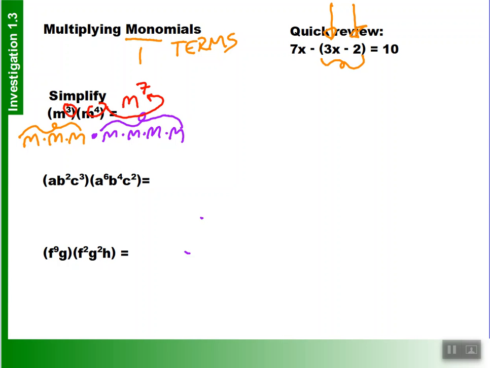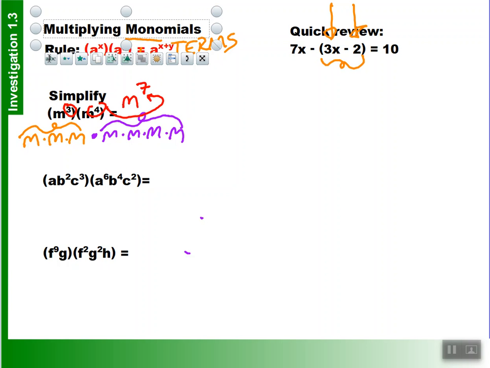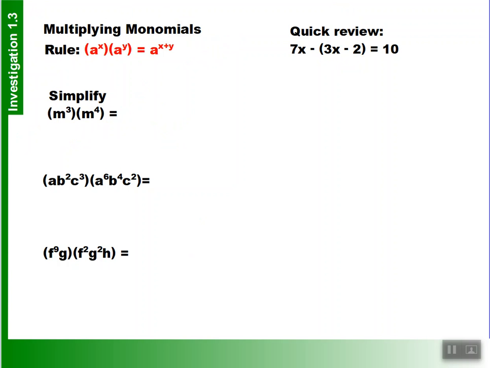Okay, great. So that takes us to our rule. Our rule says that if you're multiplying two terms that have the same base, in this case a base of a, then you will add the exponents. So a to the x times a to the y is equal to a to the x plus y.